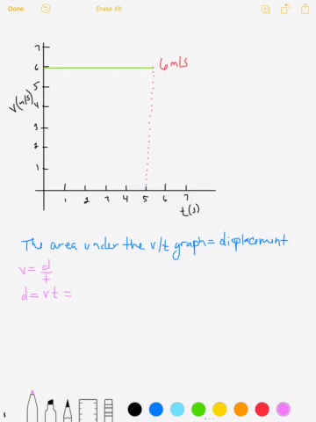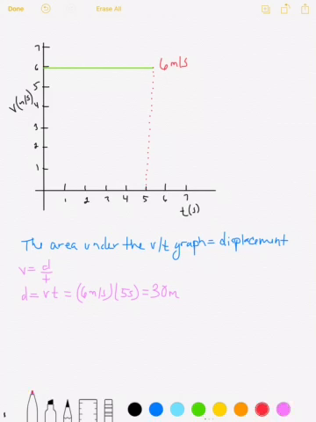And in this, if this were our problem, our velocity is 6 meters per second and our time is 5 seconds. And seconds would cancel each other out and you'd be left with meters. So you have 30 meters is your total displacement for this motion.